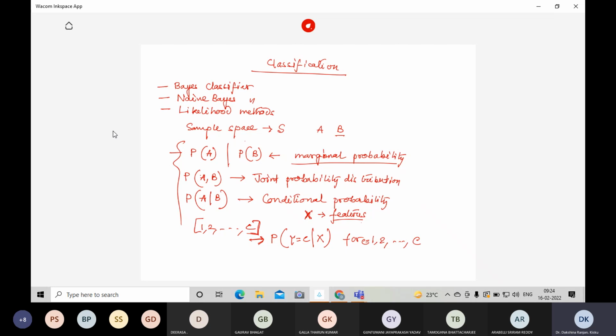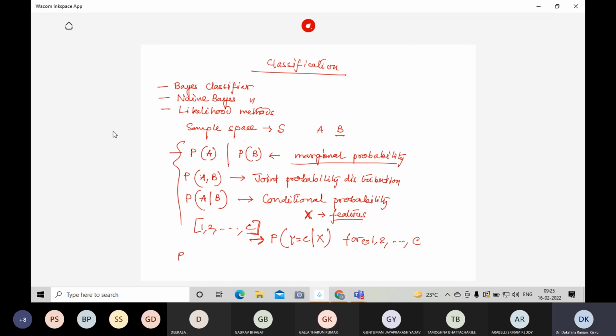The other information we can have is that the class labels can be drawn from a marginal distribution on class labels, and features are drawn from a known conditional distribution of features given the class information.